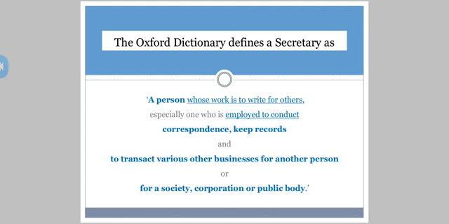A person whose work is to write for others, especially one who is on the job to conduct correspondence, that is writing, keep records, and to transact. What do you mean by the word transact? Transact means to handle or to manage various other businesses for whom? For another person or for a society, corporation, or public body.